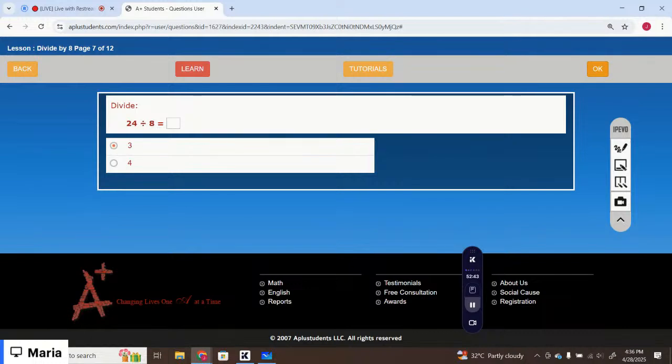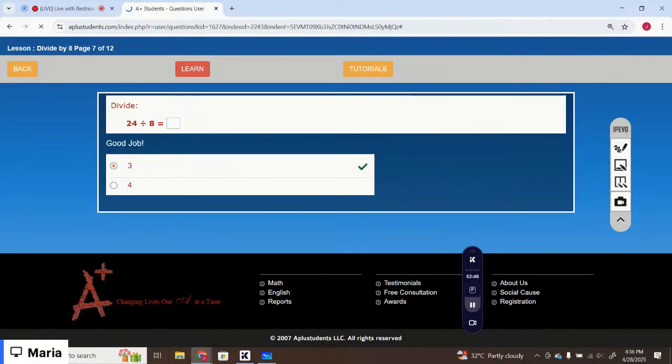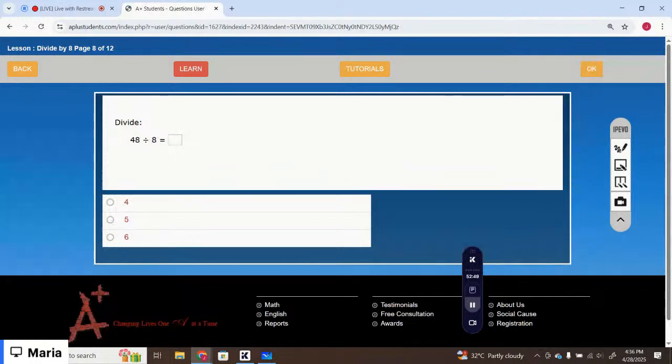The correct option is 3. Forty-eight divided by 8. 8 times 6 is 48. The correct option is 6.